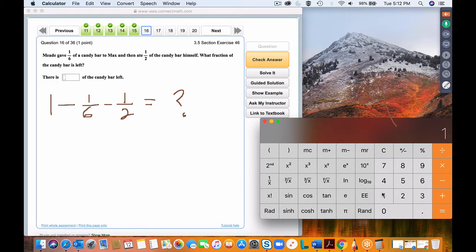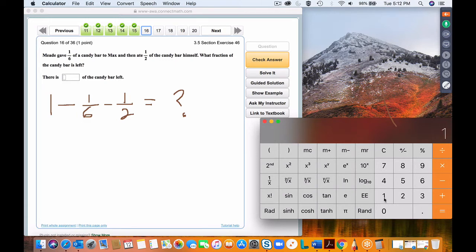So I have 1 minus 1 divided by 6. And then minus 1/2, which is just 0.5.